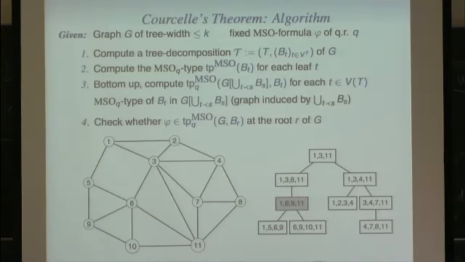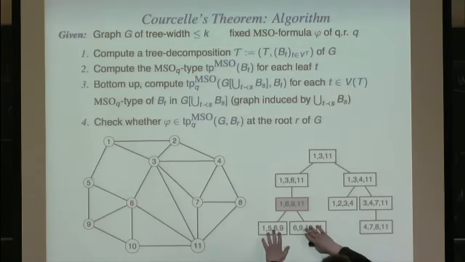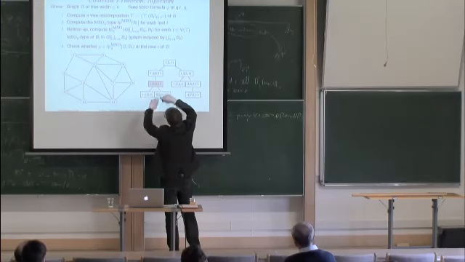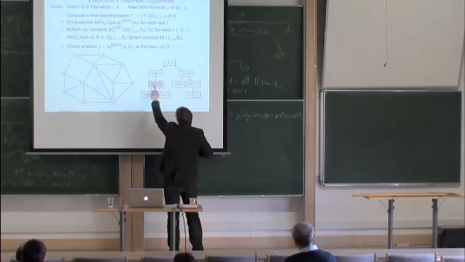Then I compute the MSO q type of all the leaves. So I compute the MSO q type of this bag and so on, and here. And then I go bottom up, right? If I know the type of these two subgraphs, then I can compute, using the Feferman-Vaught theorem, the MSO q type of the subgraph induced by the vertices in here.